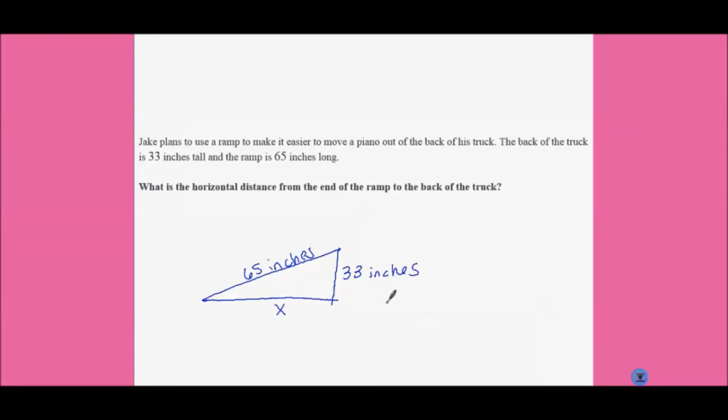So that right there. So this would be our right angle. So across from it, that's our C. So 65 squared equals x squared plus 33 squared. Using my calculator, I found that 65 squared is 4,225 equals x squared plus 33 squared is 1,089. Subtract the 1,089 on both sides.